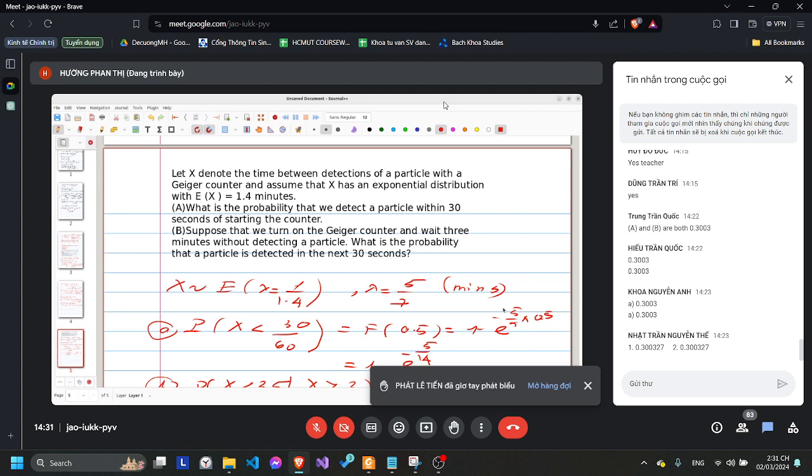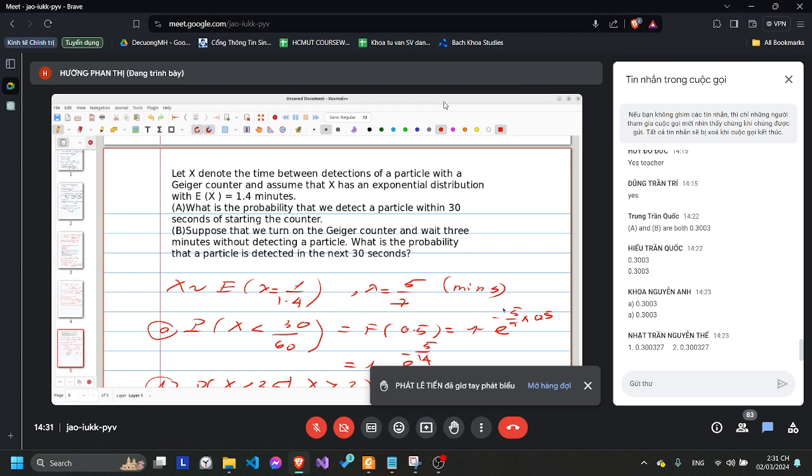Okay, what's the meaning here? The meaning is that the exponential distribution doesn't remember where you started, right? According to this example, the counter doesn't remember that it already started 3 minutes ago.